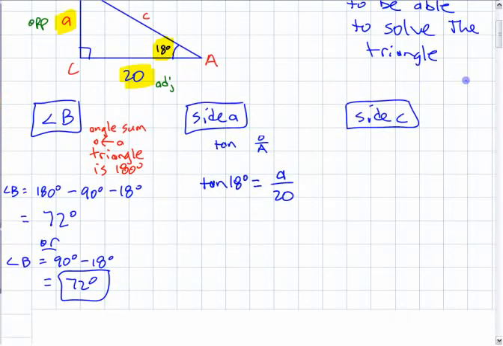And I think we're probably getting quick enough at this that we realize this 20 can just go over there, right? Multiply it on the other side. If you times both sides by 20, the 20 ends up on the other side. A is 20 times tangent of 18. You work out what the tangent of 18 is and then multiply it by 20.